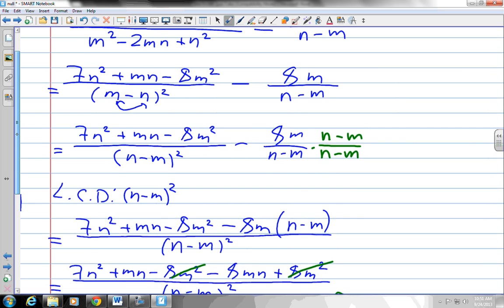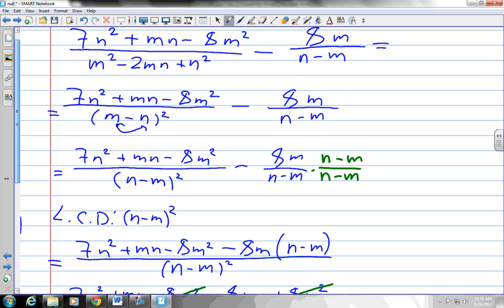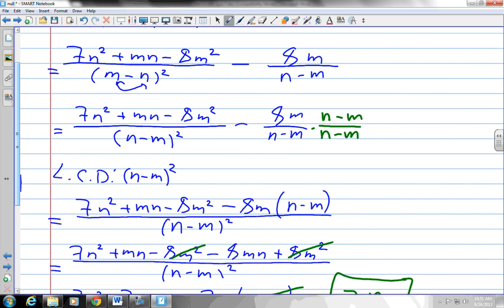Did I do anything silly again, or was it better? Again, this is the trick that we used. You can always fix that negative. Otherwise, your LCD would be really big. If you don't flip that, you need m minus n squared and n minus m in your LCD because they look different.